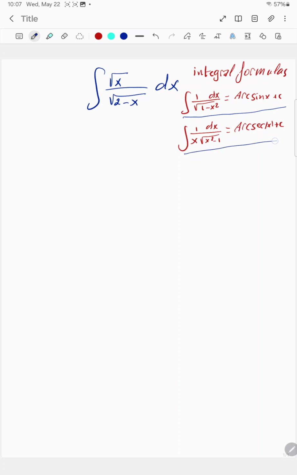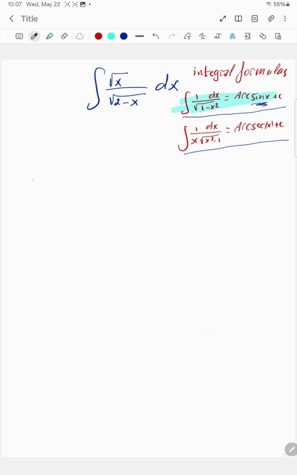This formula and this formula are the only two that have a square root in the denominator. The problem resembles this formula a little bit. I can tweak it to make it 1 minus x squared. Looking at the formula, I know I have to use sine.